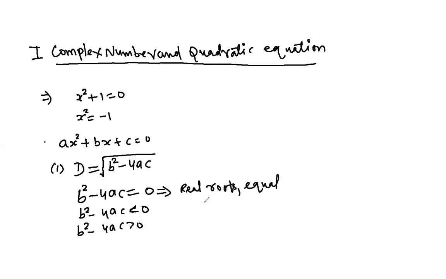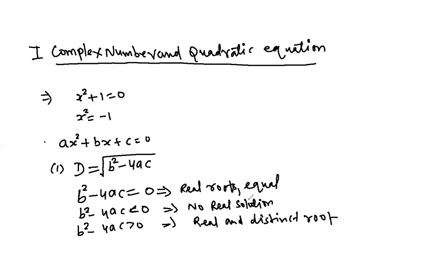In this case, D less than 0, you have no real solution, and in this case, D greater than 0, you have real and distinct roots. Now we are talking about this second case where real roots are not possible. Then what we do, we extend the real numbers and we define a complex number.